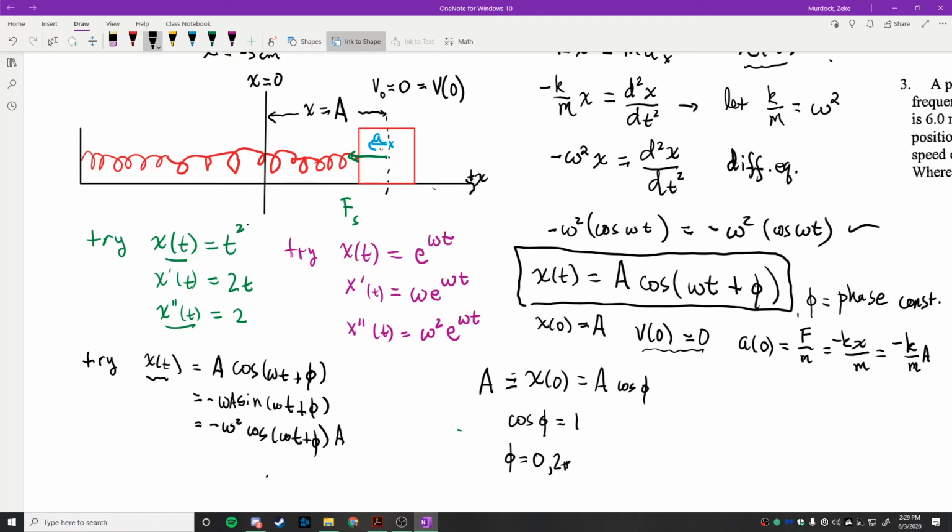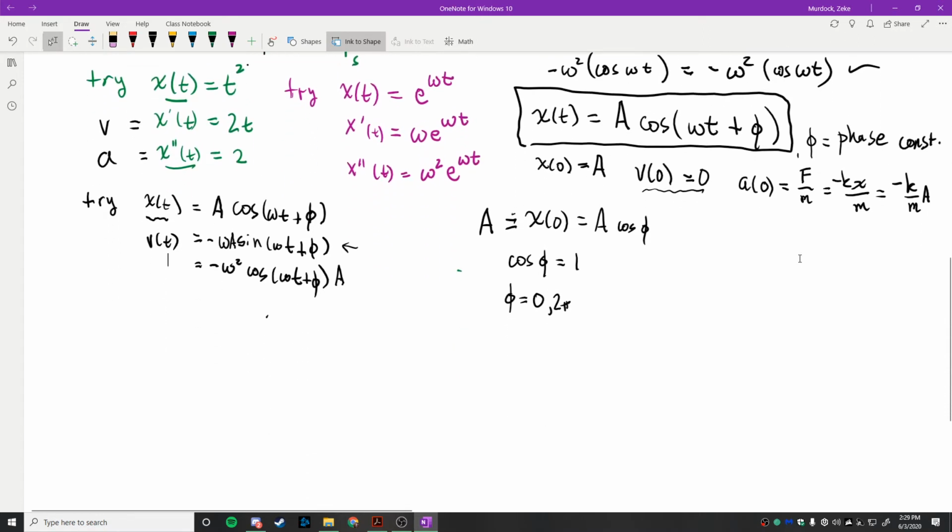We're at t equals 0. X prime is the same thing as velocity, right? And x double prime is the same thing as acceleration, right? The sine needs to be 0, exactly. So let's check that. This is velocity as a function of time. What would that be?